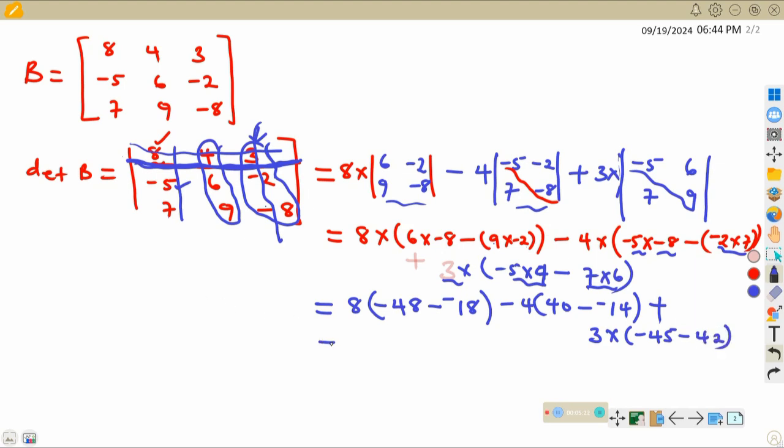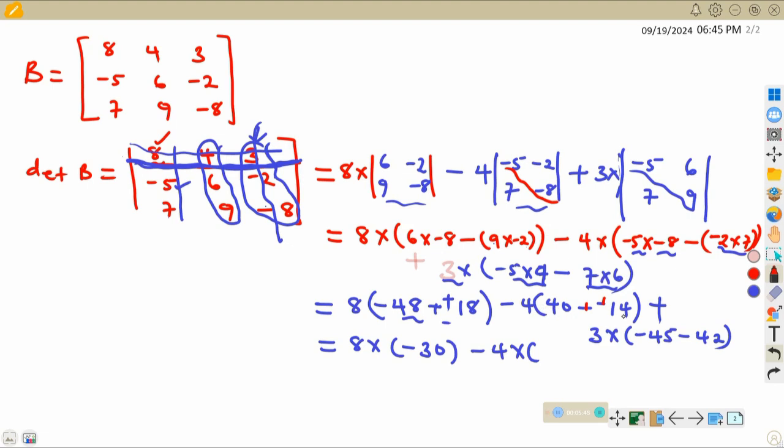So we shall simplify this further. We are having 8 times negative 48 plus 18. It will give us negative 30. Then minus 4 times, when you look at this, this will be a plus.